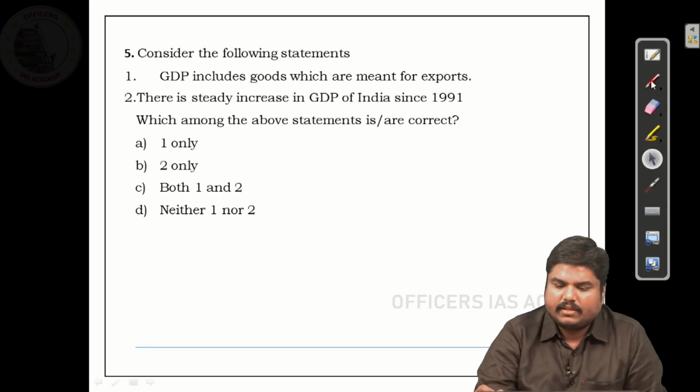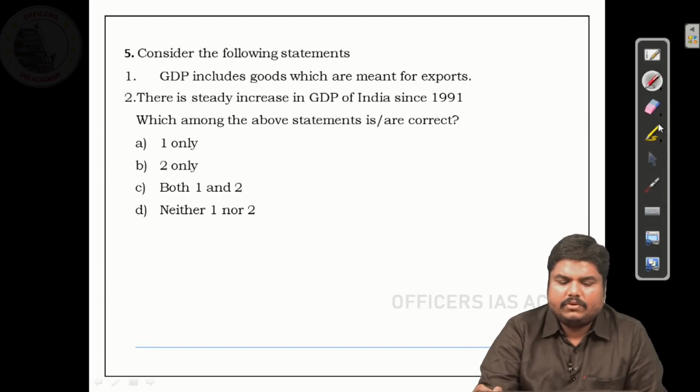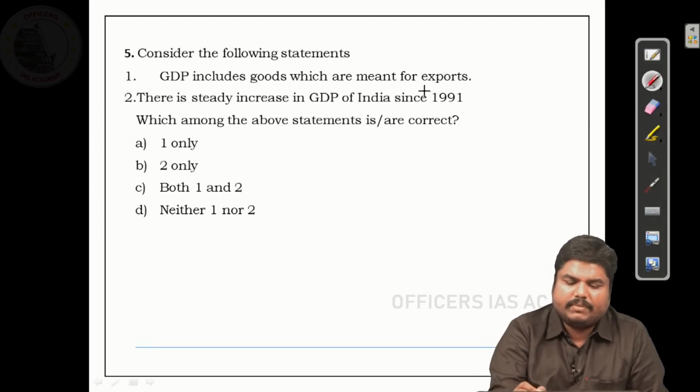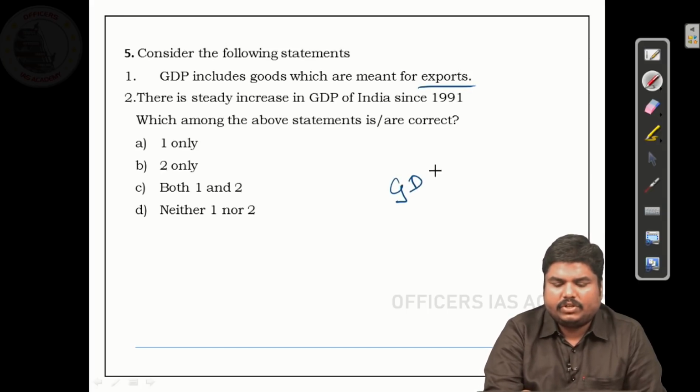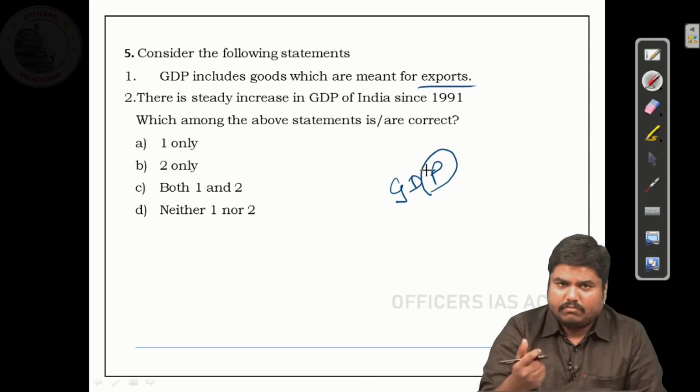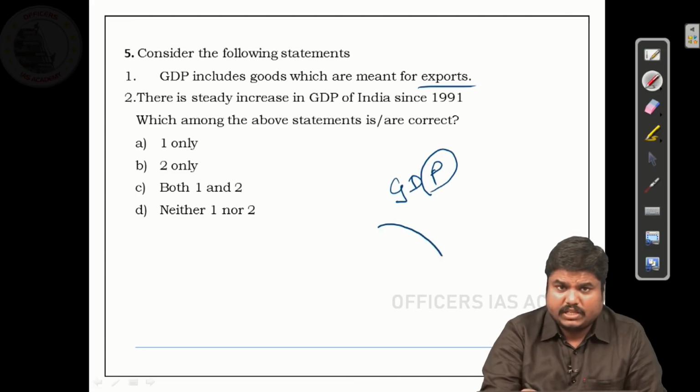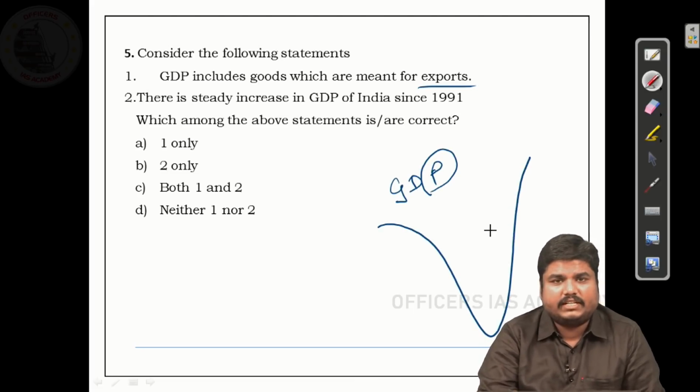Question number 5: GDP includes goods which are meant for exports. What is GDP? Gross Domestic Product is the total value of goods produced within the boundaries of the country.